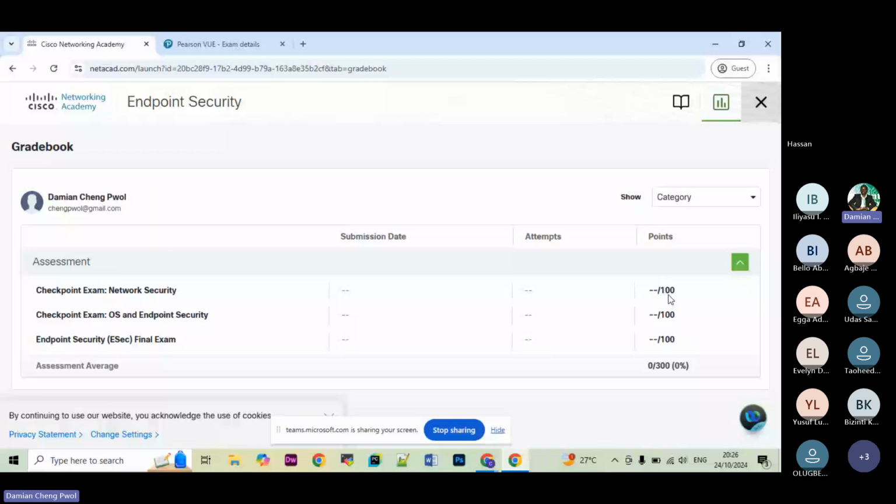Then at the end, an average is calculated based on this. You should have over 300, and everything will be calculated in percentage. It's expected that you get above 75% of the total weight of this program. So that is it on this part.